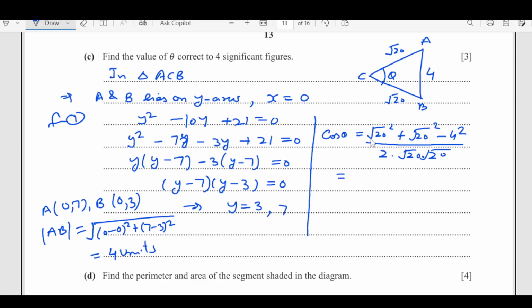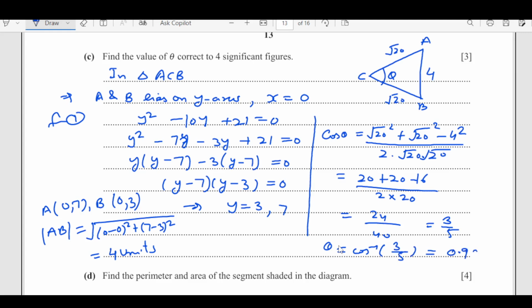So this is 20 plus 20 minus 16 over 2 times 20. So 40 minus 16 is 24 over 40, which is 3 over 5. So theta is cos inverse 3 over 5, which, using the calculator, is 0.9273 to 4 significant figures. So this is our final answer.